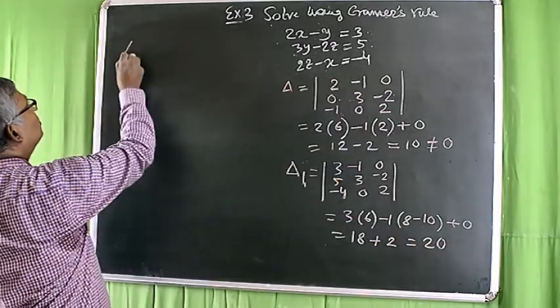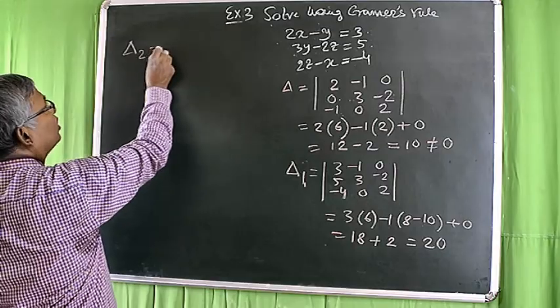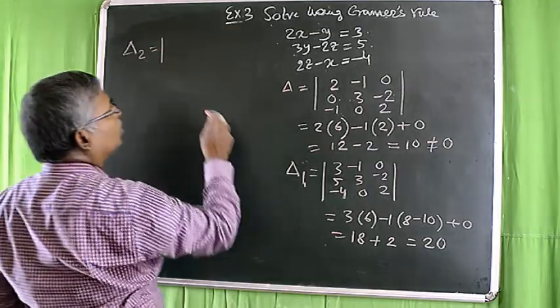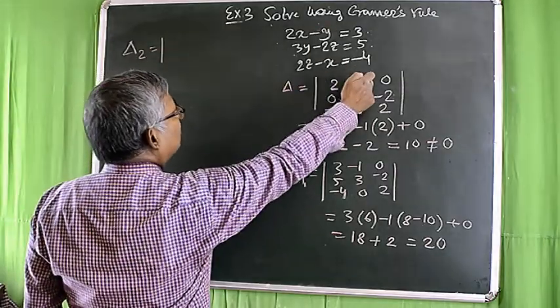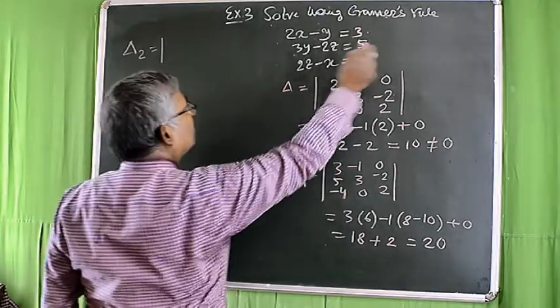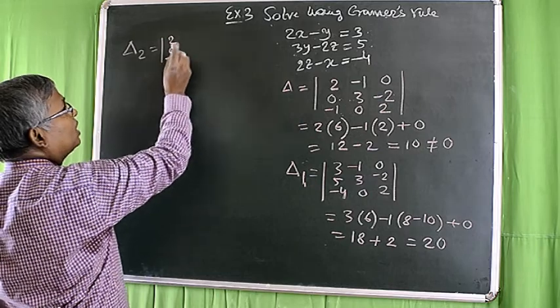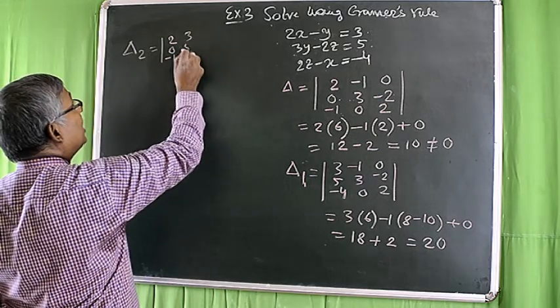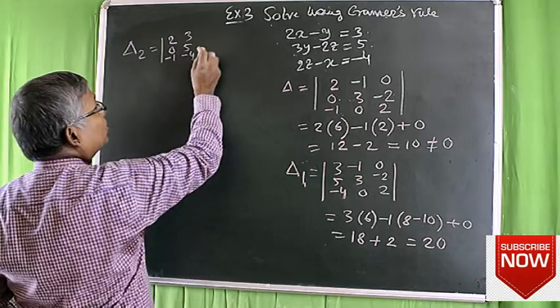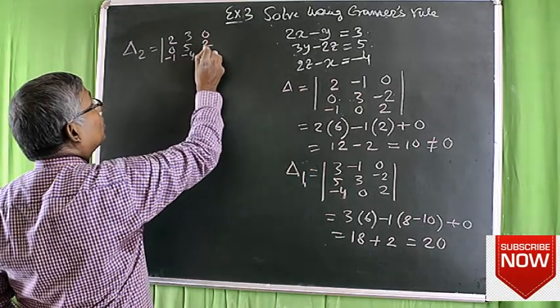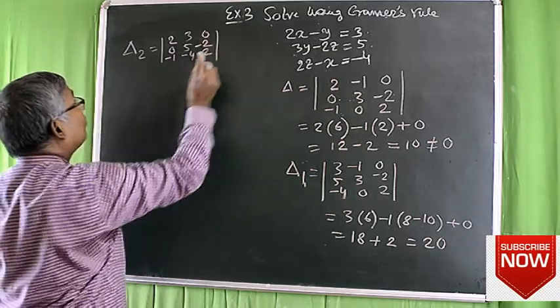Now del 2 equal to, we are simply replacing the second column by 3, 5, 4, that is 2, 0, minus 1, 3, 5, minus 4, 0, 2, minus 2, 2.